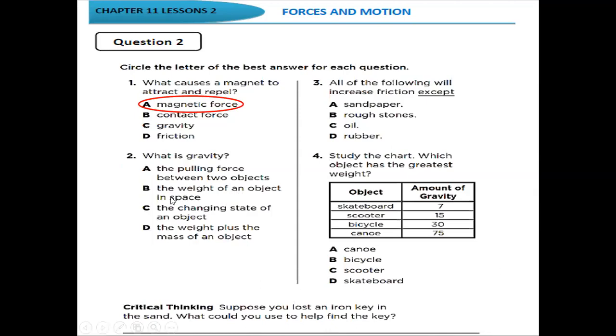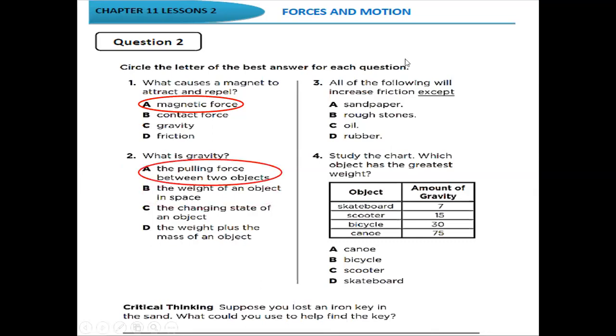Is it the weight of an object in space? No, there is no gravity in space. Is it the changing state of an object, between solid, liquid, and gas? No. Is it the weight plus the mass of an object? Did we take weight plus mass equals the gravity? No. So it's the pulling force, the gravity, the force of pulling objects to the ground.